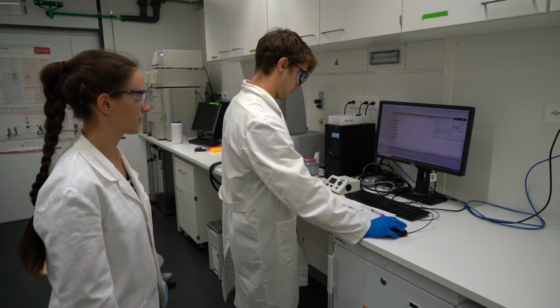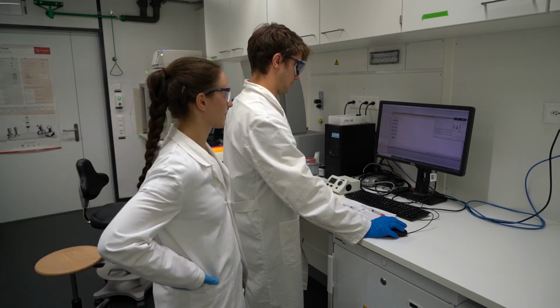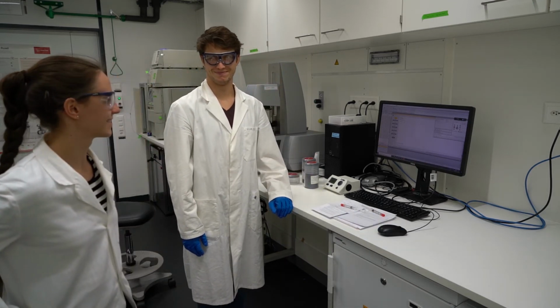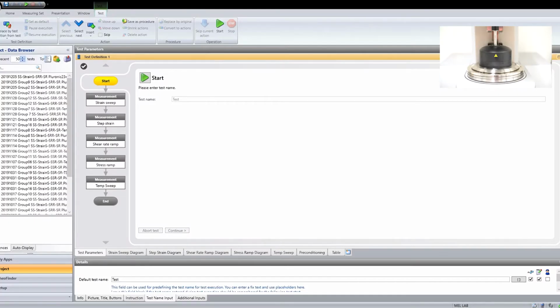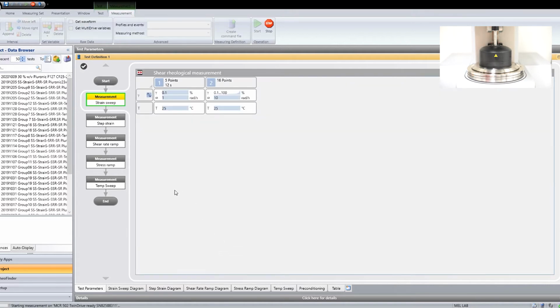Then, the first test to do is the shear strain that my colleague is going to introduce to you. Once we start the test, we need to name it with the test date, sample used, and setup remarks. Then we need to move to the test steps.